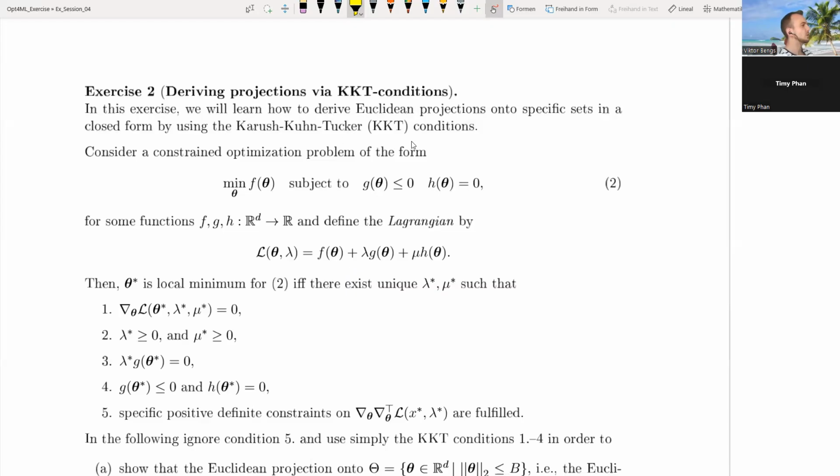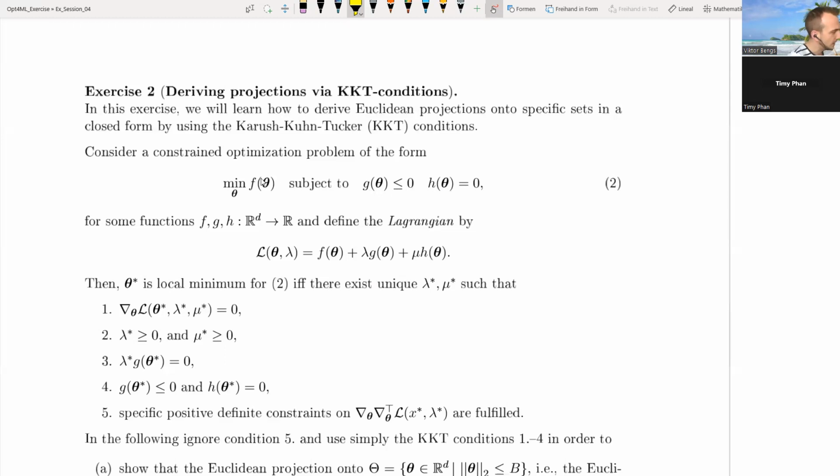And this is done by the so-called Karush-Kuhn-Tucker conditions, where we have the quite generic form of a constrained optimization problem, which is very similar to our basic optimization problem, where our theta space or solution space is specified by a function g and a function h, such that theta must be such that if we plug it into g, the value must be at most 0, and if we plug it into h, it should be 0.